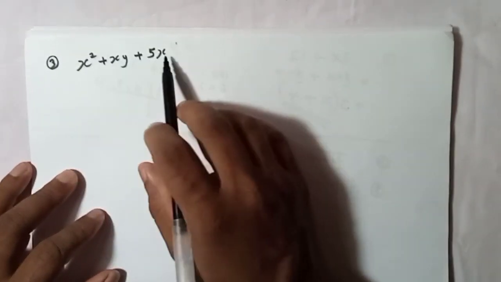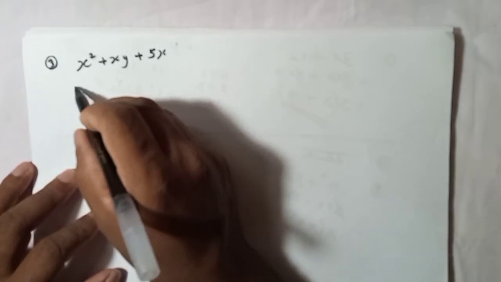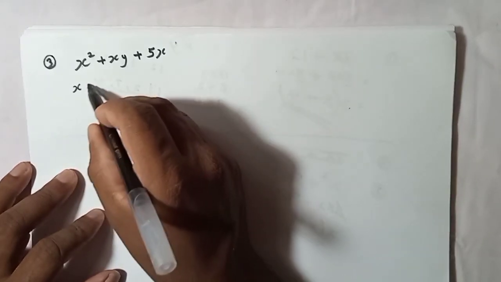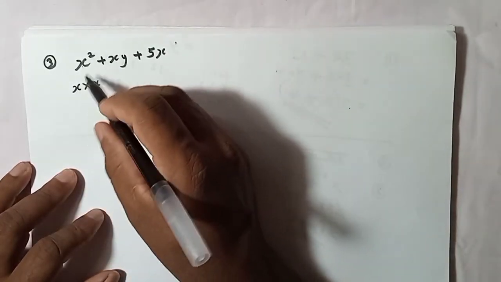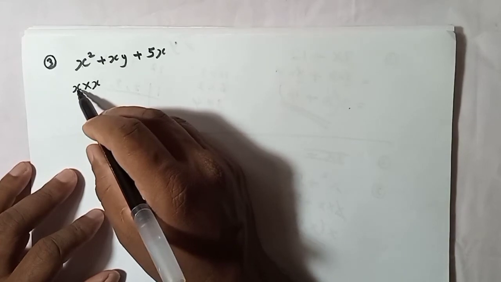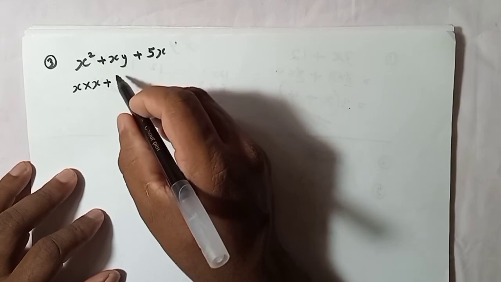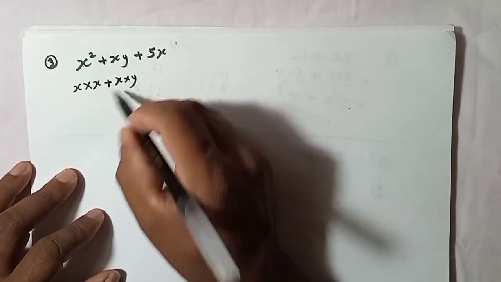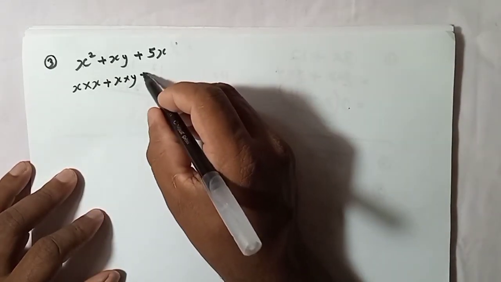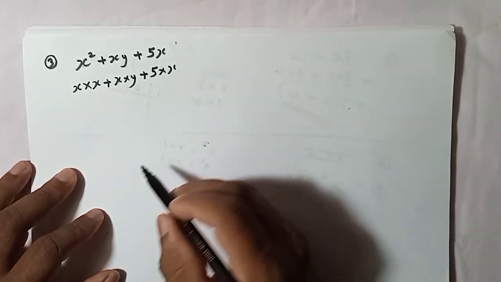Now here you have a common thing, because here we can think, as I told you, you don't need to write this. I'm just writing it to explain, but in your mind you need to have x square means x into x, and here plus sign, then x into y, right? And again plus 5 into x, like this.